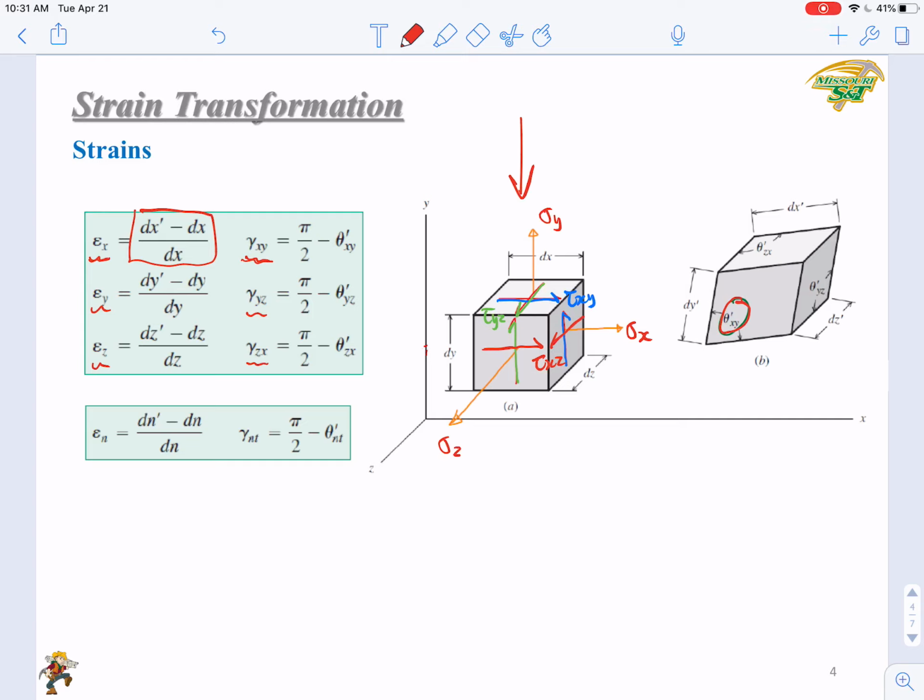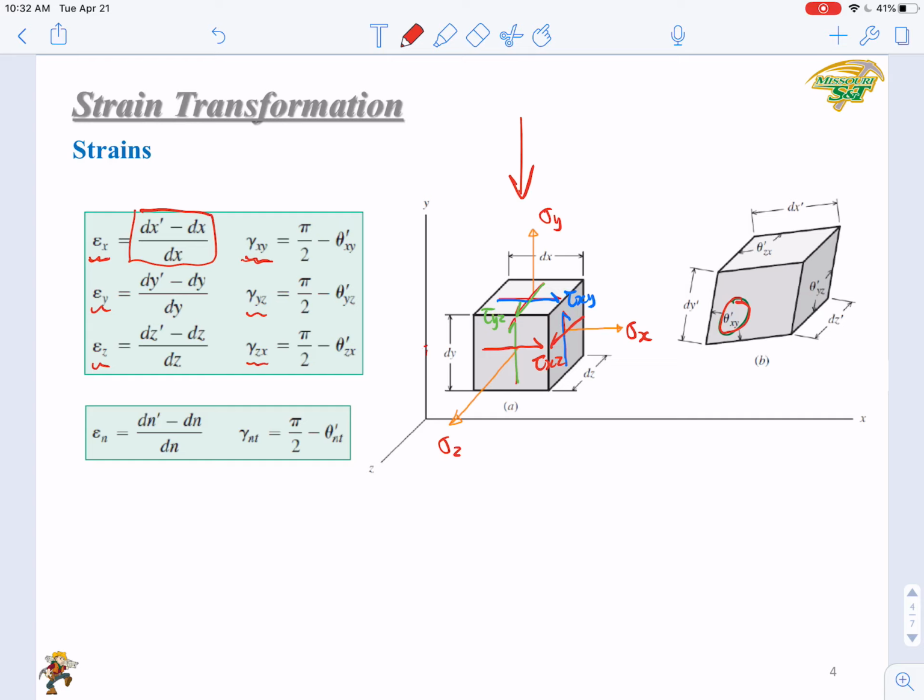So let me ask you this question. If this theta xy prime is smaller than 90 degrees, it becomes smaller. Is that a positive or negative shear strain? If you recall earlier chapters, you should still remember that this is a positive shear strain. When the angle between the x and y axes becomes smaller, we say the shear strain is positive.